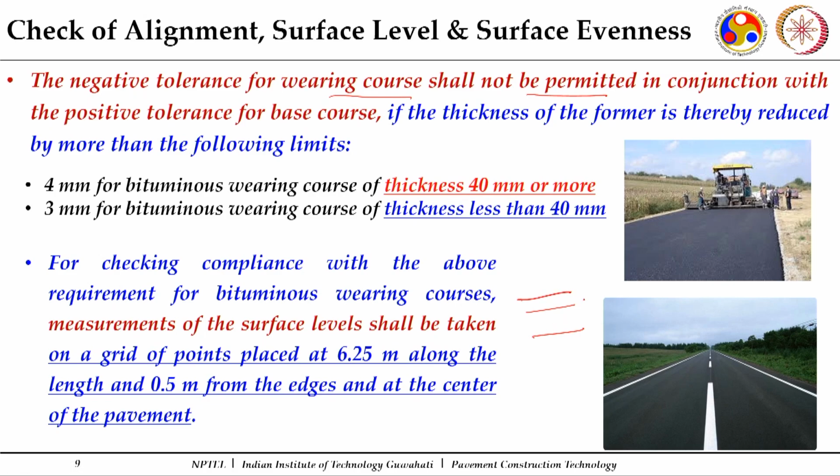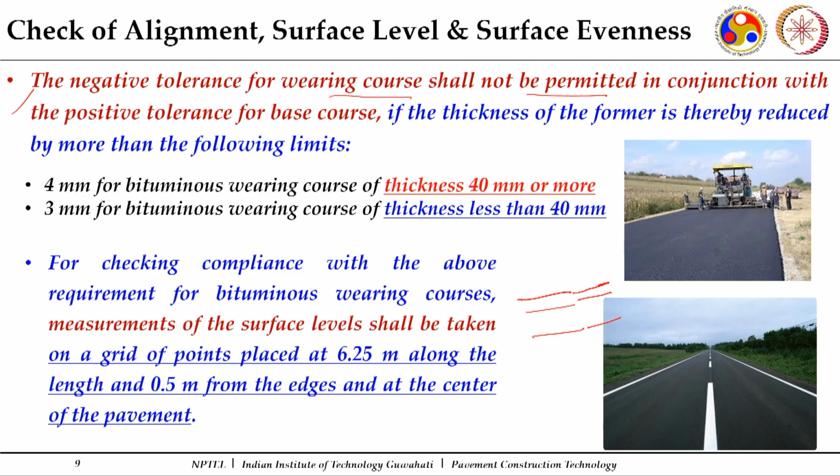It should not happen that the tolerance for the base course is positive and the tolerance for the wearing course is negative. Overall, my wearing course thickness gets significantly affected. So this should not happen, and I have to take care, and that is what is stated in the guidelines, that the negative tolerance for wearing course shall not be permitted in conjunction with the positive tolerance for base courses.